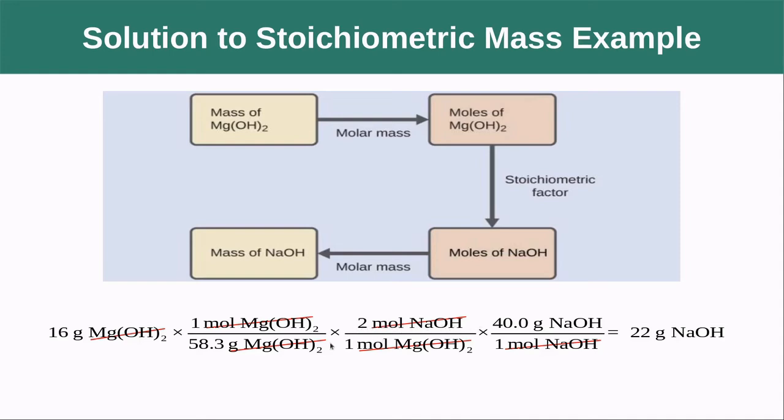We want to know the moles of sodium hydroxide, and we want to cancel the moles of magnesium hydroxide down here, 2-to-1 ratio. We multiply that through. We're now in units of moles of sodium hydroxide. Finally, we want the mass of sodium hydroxide. In order to do that, we need to multiply by the molar mass of the sodium hydroxide. We wind up getting 22 grams of sodium hydroxide.